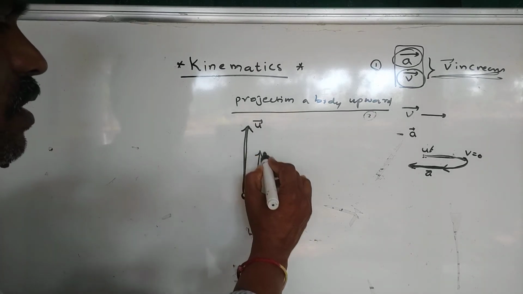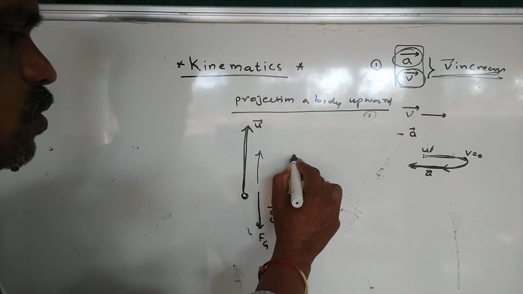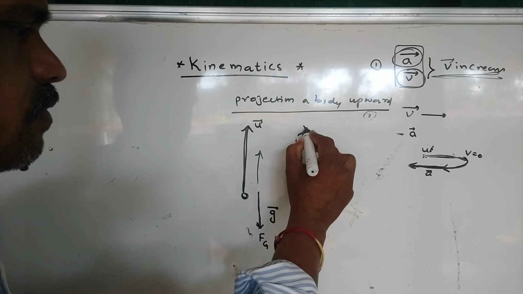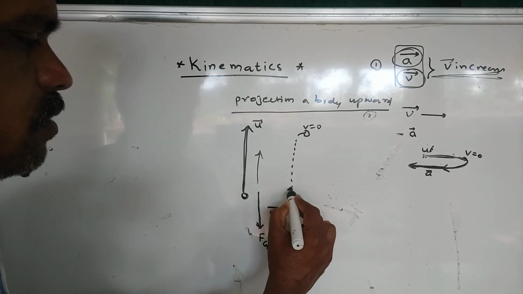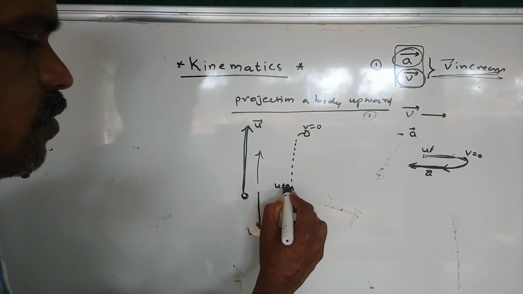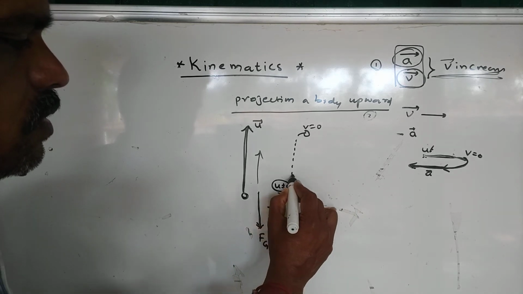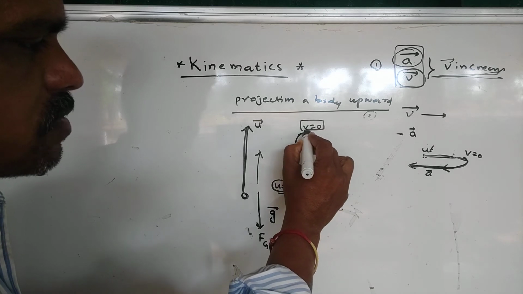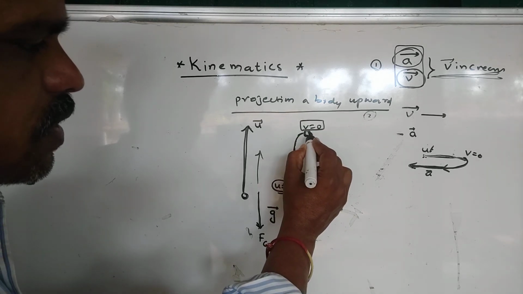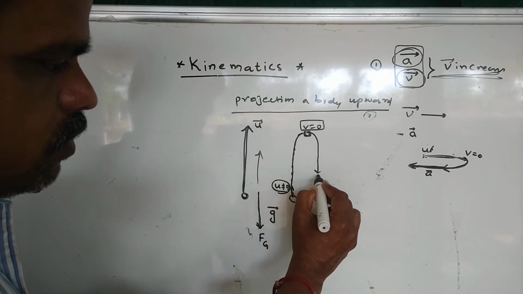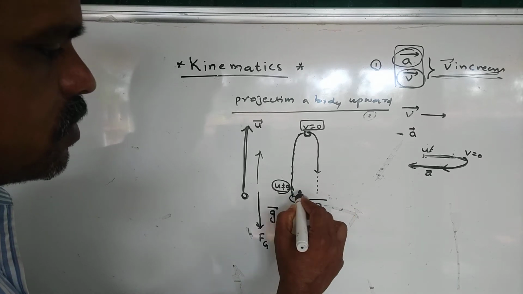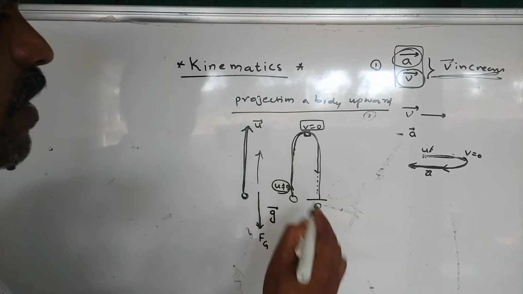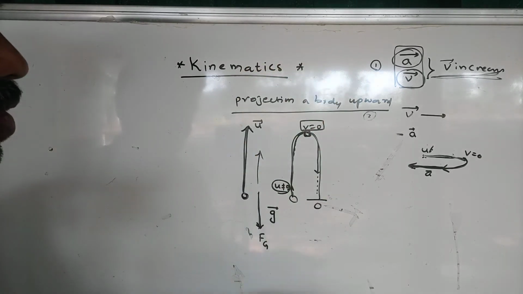So the ball goes up, then finally the velocity becomes 0. It starts with initial velocity not equal to 0, but at the higher position the ball's velocity goes to 0. So it comes to rest, then comes back to the earth. This is the situation when we project a body upward.